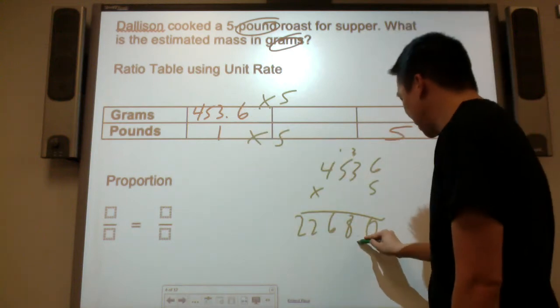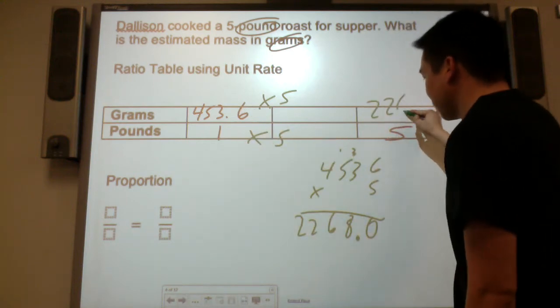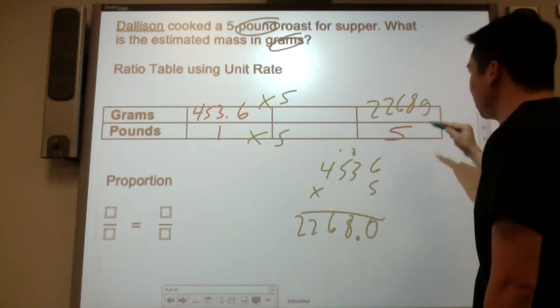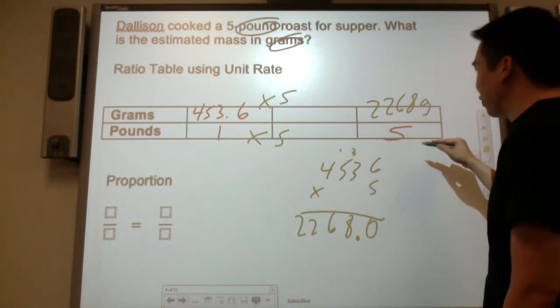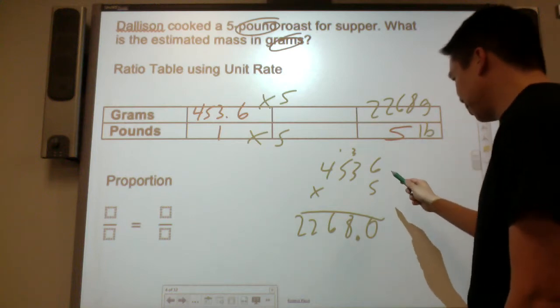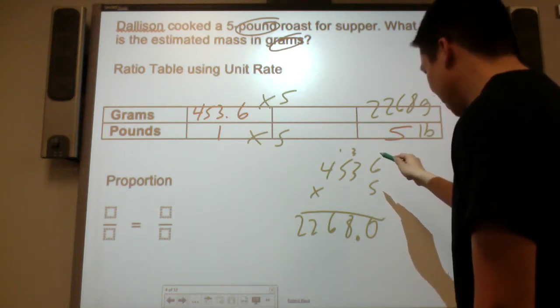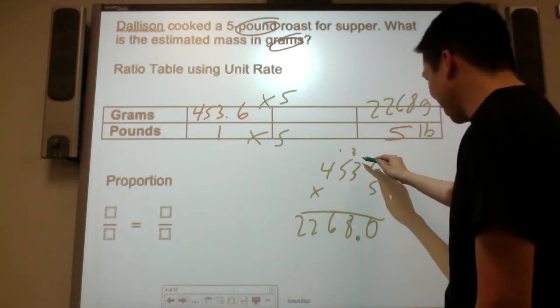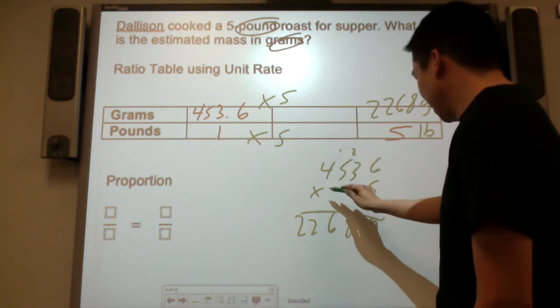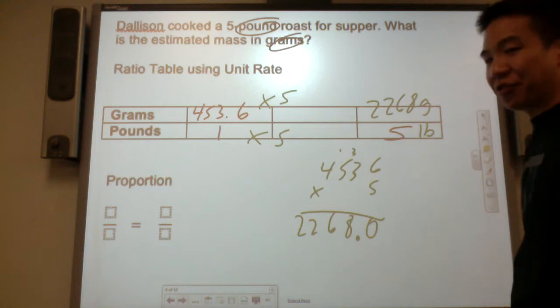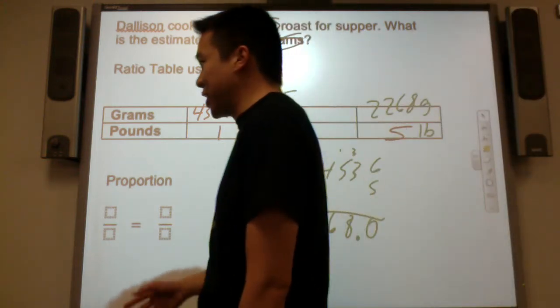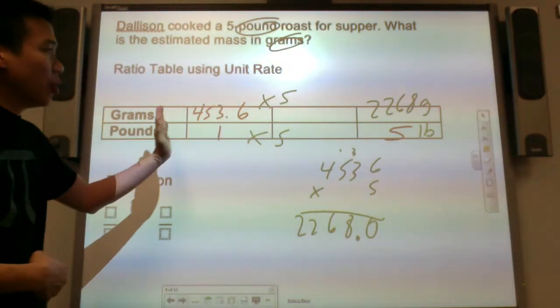We're in the tenths place. So there are 2,268 grams for every 5 pounds. Let me make sure I did my math here because I rushed through. No, it's correct. So there are 2,268 grams for every 5 pounds. You can also set up a proportion, and it'll be the same thing.